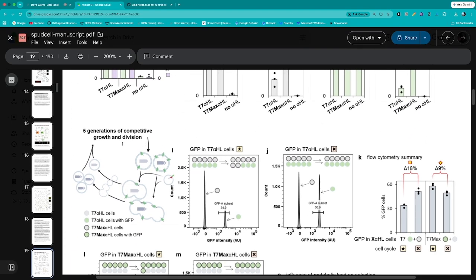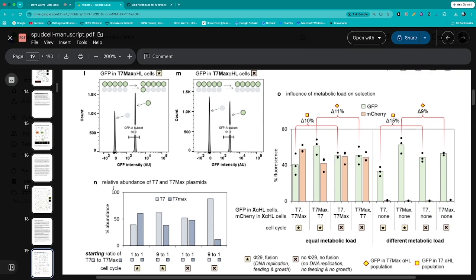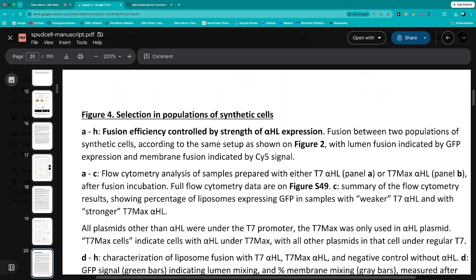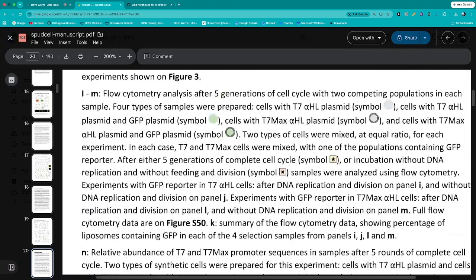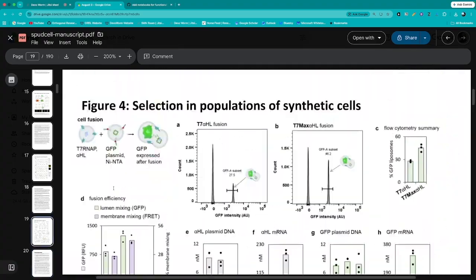And then here you have 5 generations of competitive growth and division, which we just saw on the last slide. This is where you have your cells that are fusing, and then they're dividing. Figure 4 is selection in populations of synthetic cells. Or I'm sorry, I think that's what we just looked at.